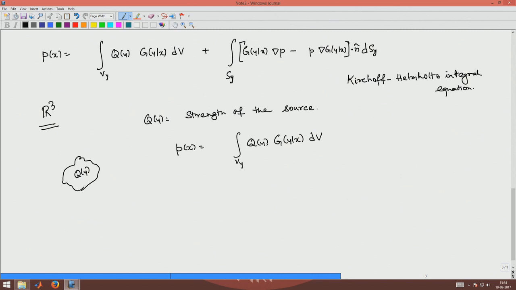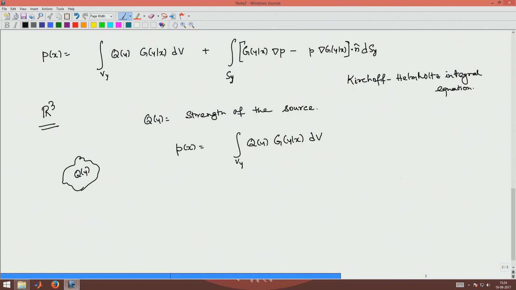This is usually done for aeroacoustic applications, where if you know the flow field and if you know the turbulence and you have a CFD simulation which accurately predicts the properties associated with the turbulent flow field, then it is possible to determine this source distribution, the strength of this source q y term. Once it is determined, the only calculation that is left is to integrate this out together with the Green's function. I have not given you the expression of Green's function, but I will give that to you. It is a very simple expression, and once that is done, the pressure at any point can be determined.